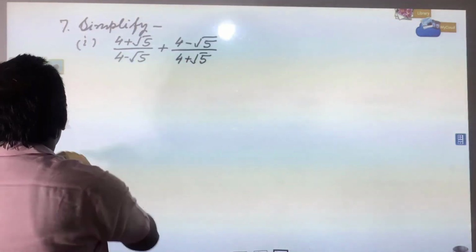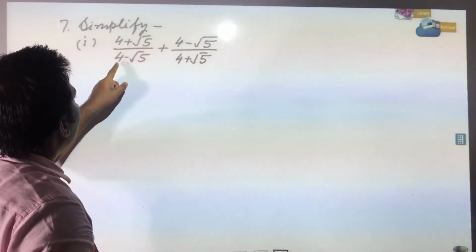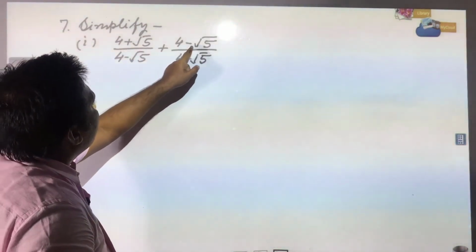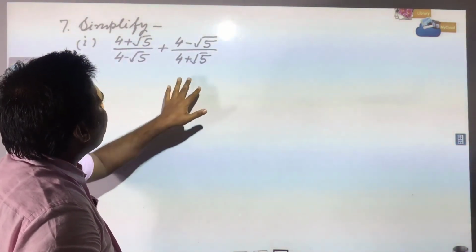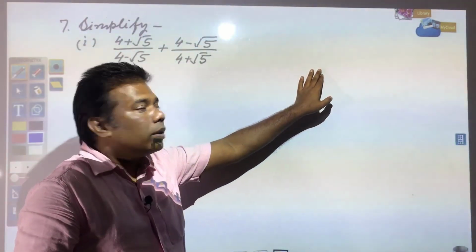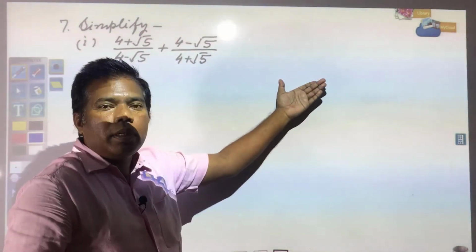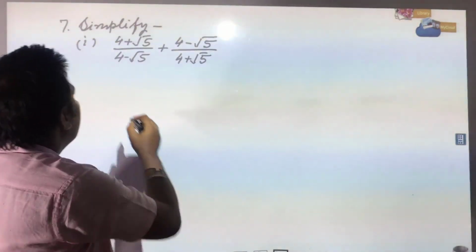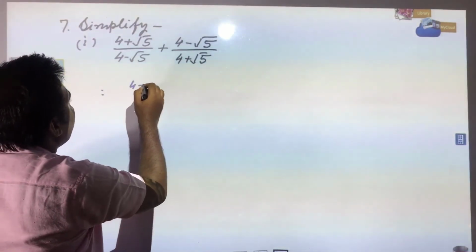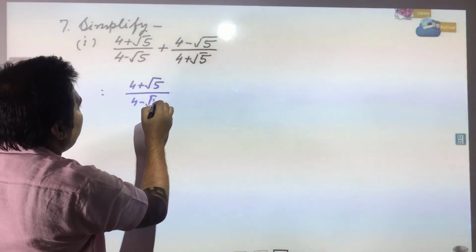Next question you see, simplify 4 plus root 5 by 4 minus root 5 plus 4 minus root 5 divided by 4 plus root 5. This type of question, last day also I had solved. Separately you rationalize all the terms and then you simplify. Here you see 4 plus root 5 divided by 4 minus root 5.